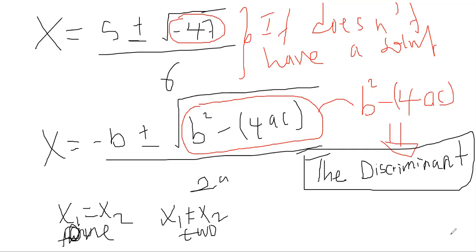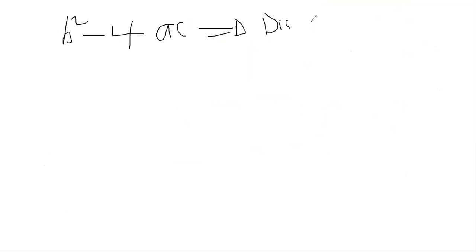So let's look at it very closely. We have b square minus 4ac. This is our discriminant. So how do we know whether there is a solution or no solution, and if there is a solution, whether it is one solution or two solutions?